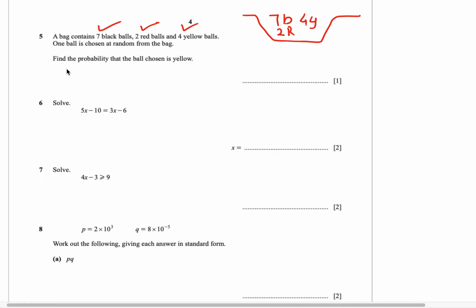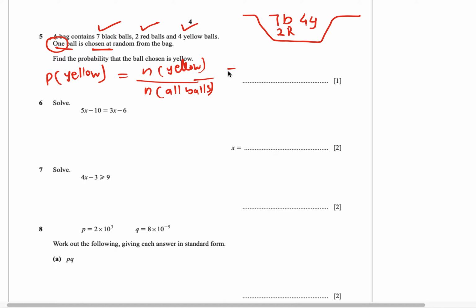Now what they are doing actually is choosing a ball at random, one ball, right? So what is the probability that the ball chosen is yellow? They are asking for the probability of the ball which is yellow in color. So we know the formula. What is the probability? Number of yellow balls upon number of all balls, or total.